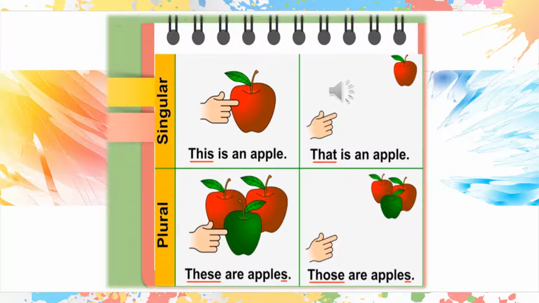So we have written, those are apples. It means when the plural object is close to us, we use these, and when the same objects are at a distant place, we call them those.